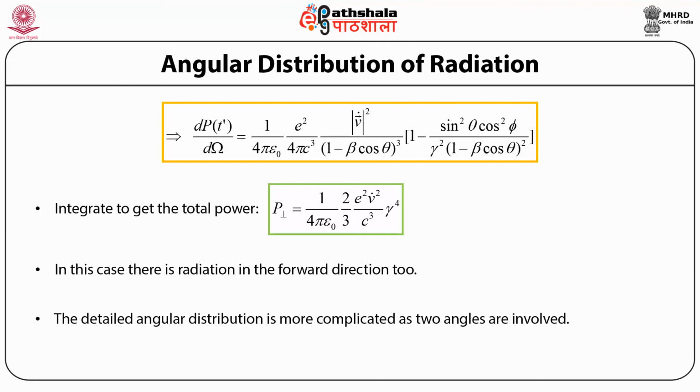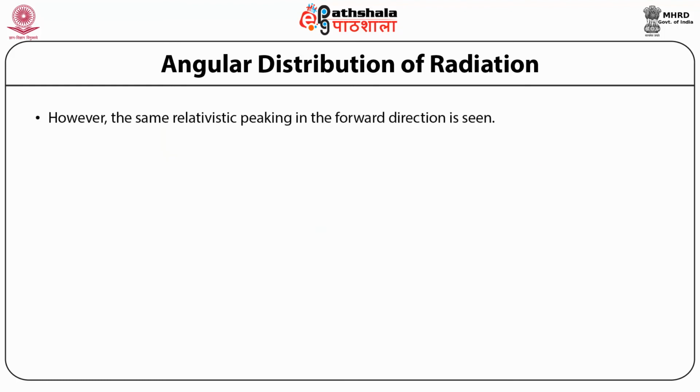The detailed angular distribution is rather complicated as two angles are involved. However, the same characteristic relativistic peaking in the forward direction is seen.